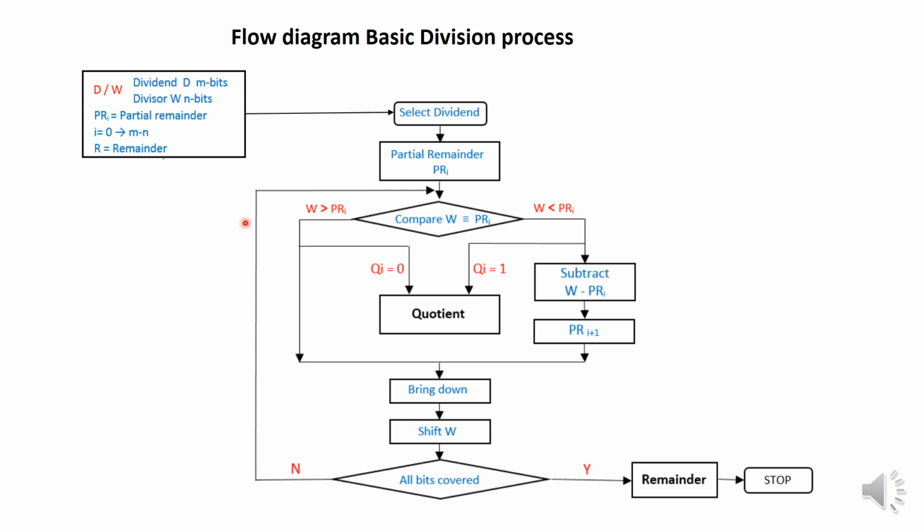This is the iteration loop. Once all the bits of the dividend have been covered, we get our final quotient and the remainder, and we stop.